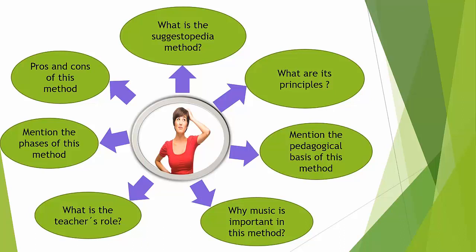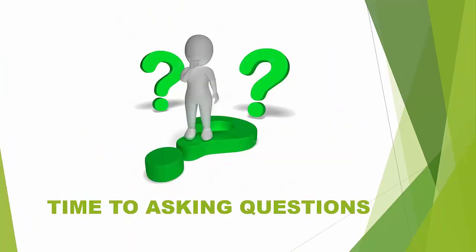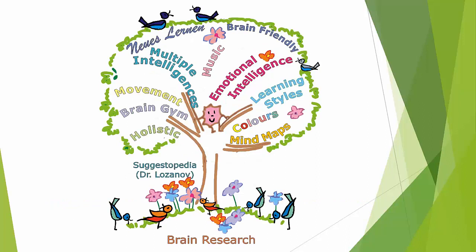That means that the music is going to join both hemispheres. In this moment, it's time to ask questions. So if you have any doubt, Willie is going to tell me the questions at the end. Okay, so here we have this important tree.